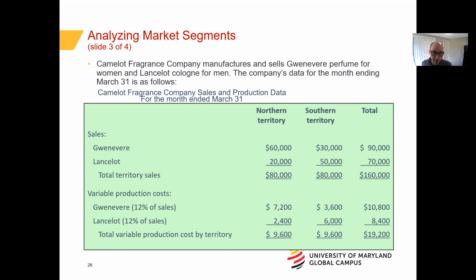We can see that the perfume, $7,200 in the north, $3,600 in the south, and the cologne, $2,400 in the north, $6,000 in the south, and the respective totals. We can see, just based off of this data, the overall performance for both the perfume and the cologne.